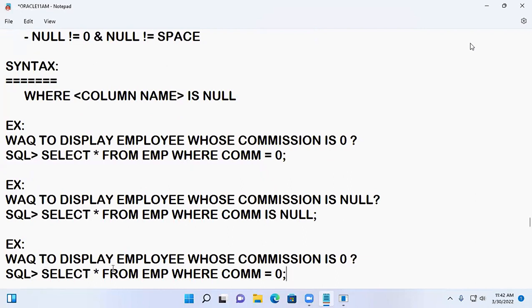And the next example: write a query to display employees whose commission is not null.